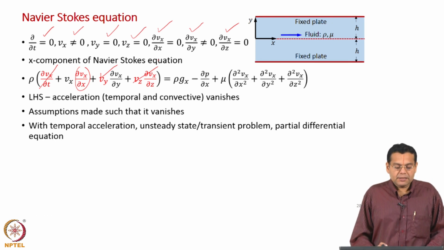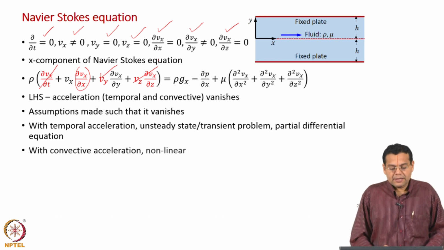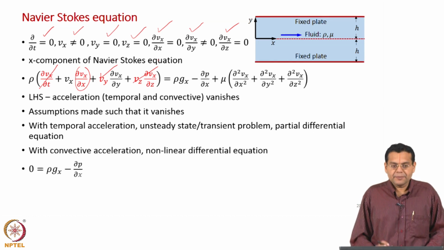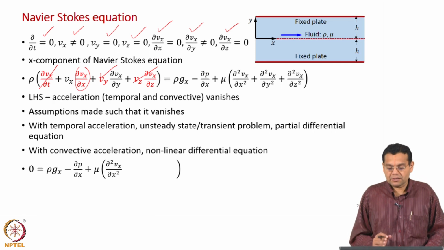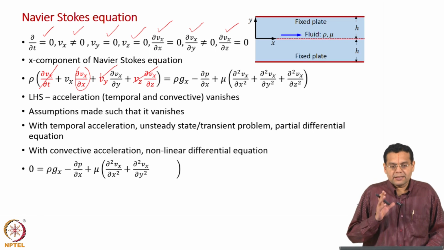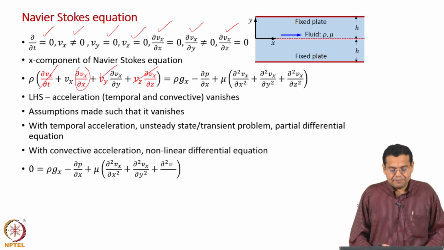If the transient term was there, it would have resulted in a partial differential equation. The convective acceleration terms are non-linear, which is more difficult to solve. And so, the left hand side becomes 0, exactly the same as in the last case, no difference at all. Once again, this slide is also in terms of bullets, the contents are the same as the last example except for the figure.